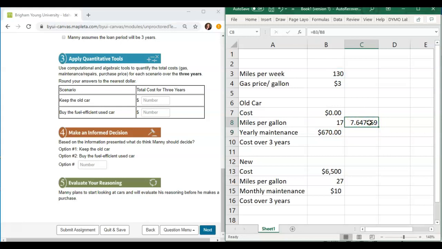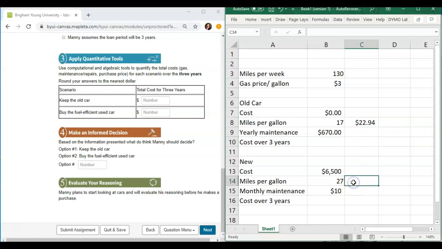If we take this amount and multiply it by the cost, that'll give us the total cost associated with how much money he needs to purchase gas every single week. So we're going to multiply this by $3, and that's how much it costs him per week to drive his 130 miles. Now we need to find the cost over the 3 years, and we'll come back to that in just a minute.